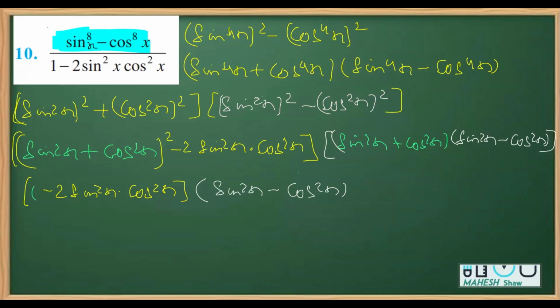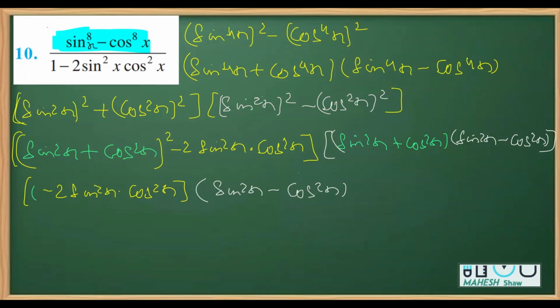Now we know from an identity that cos 2x is equal to cos square x minus sine square x, right? So cos square x minus sine square x is cos 2x. Then sine square x minus cos square x will be minus cos 2x. That's what I'm going to do.